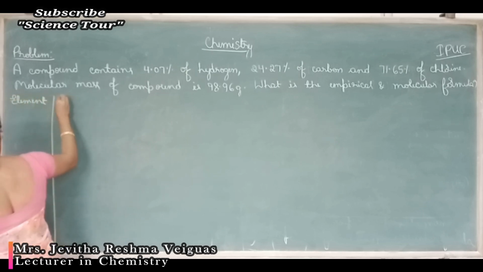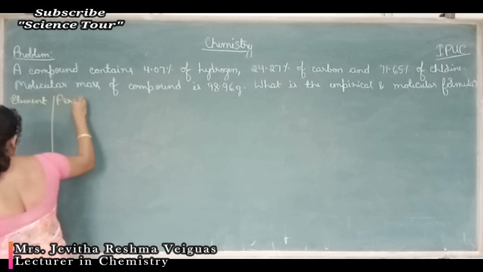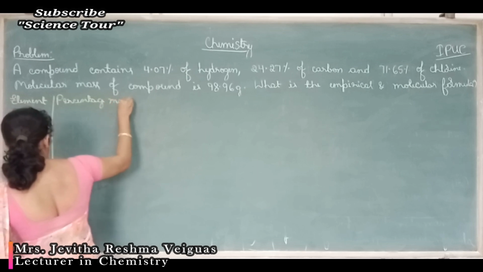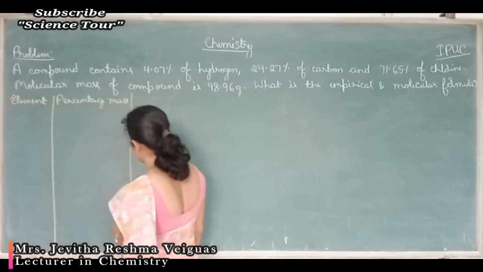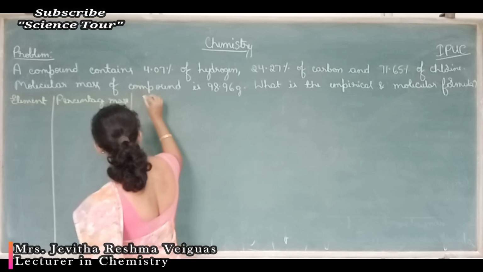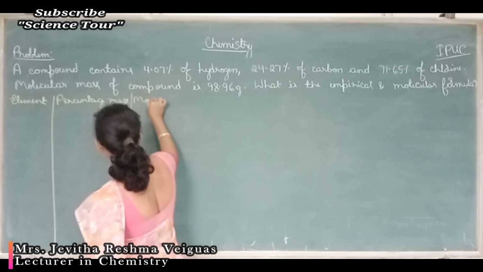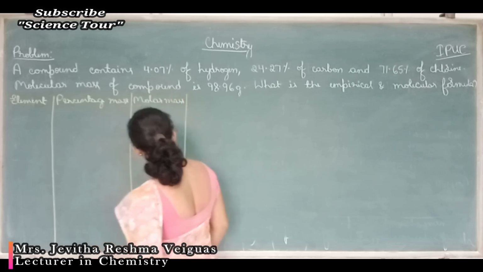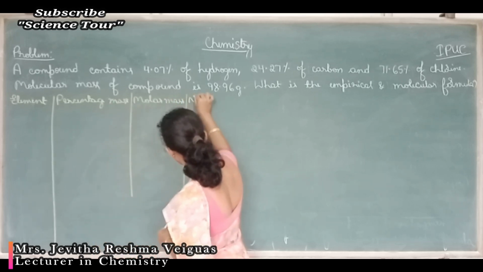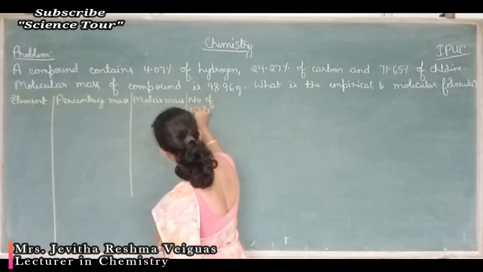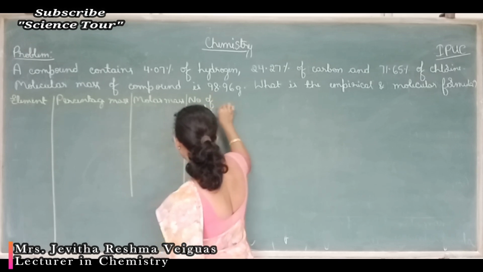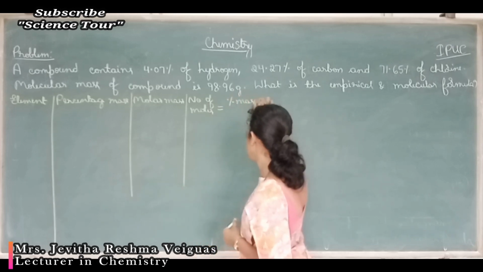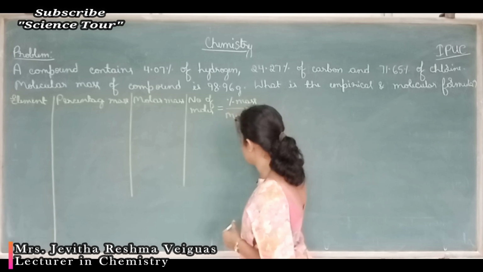In the second column, write the percentage mass of the element given. In the third column, write the molar mass. The fourth column is the number of moles. How to find the number of moles? The formula we have is percentage mass divided by molar mass.